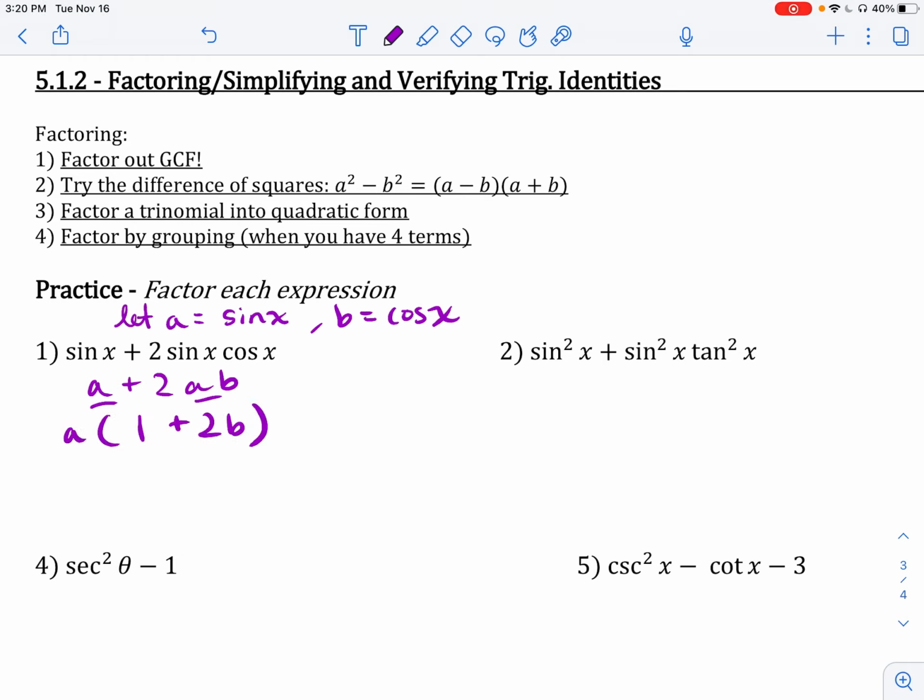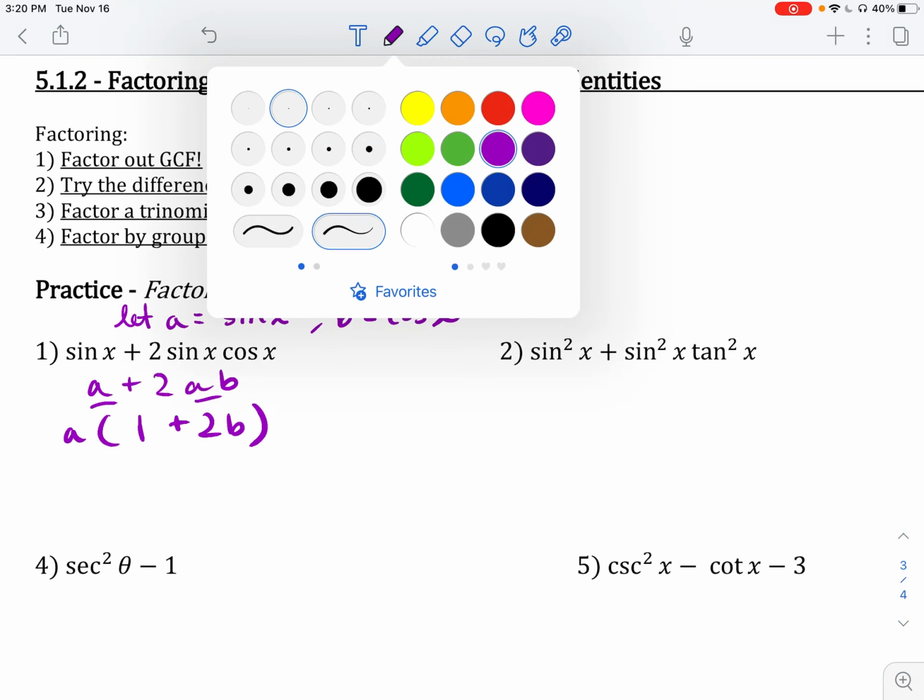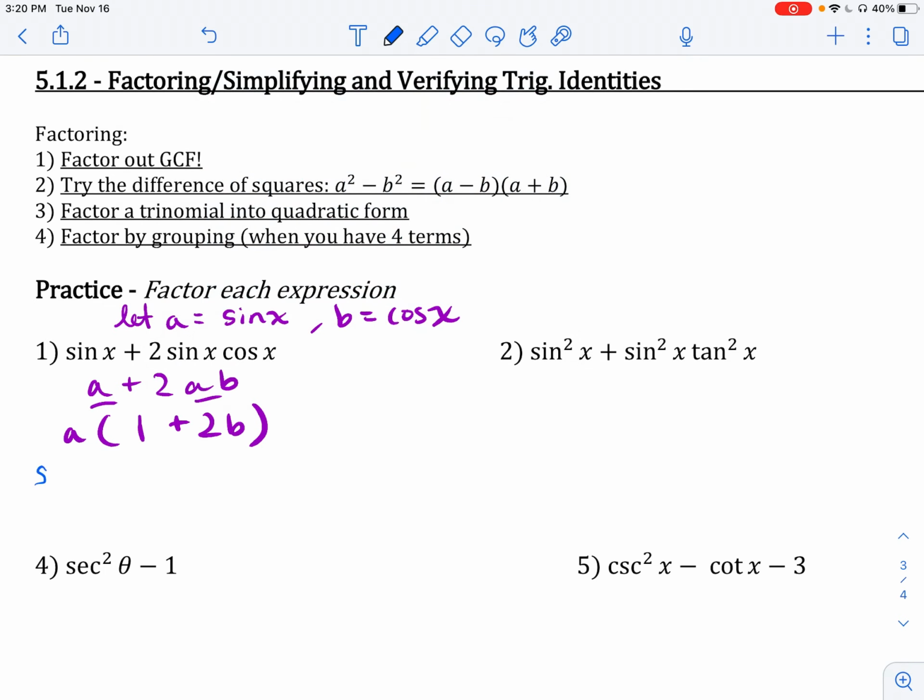Now, you don't actually have to write any of that out, but if it helps at all, you could think of factoring out the sine x, and you have 1 plus 2 cosine x here, right? Now, again, you don't have to write out the variables or redefine anything, but I just want you to see that structure. And don't worry too much as you work through these problems about trying to simplify. Just focus on getting comfortable factoring using trigonometric functions.